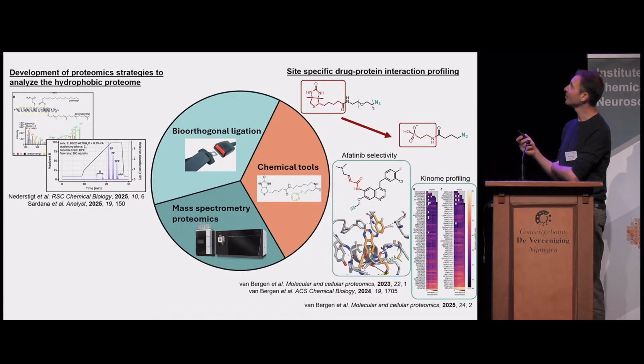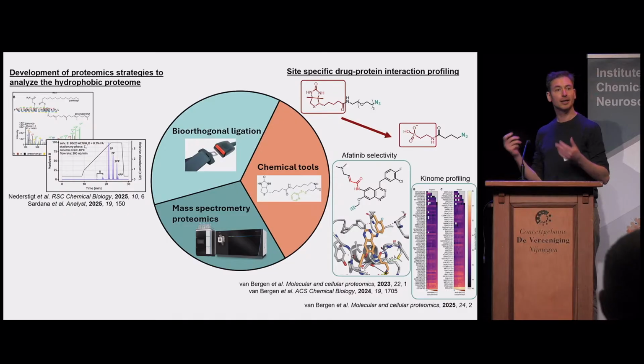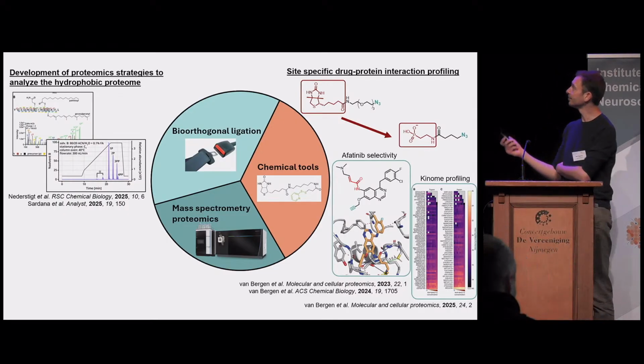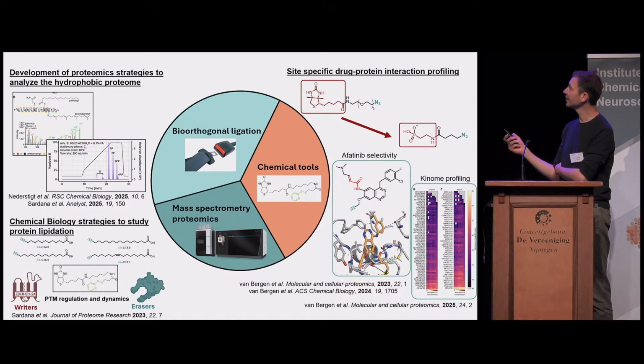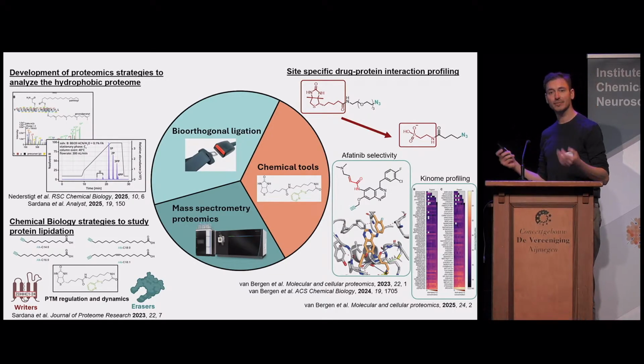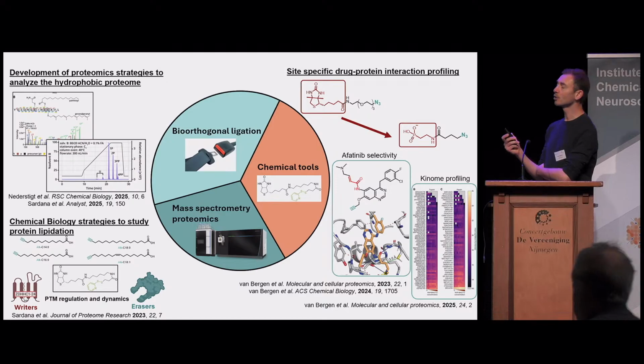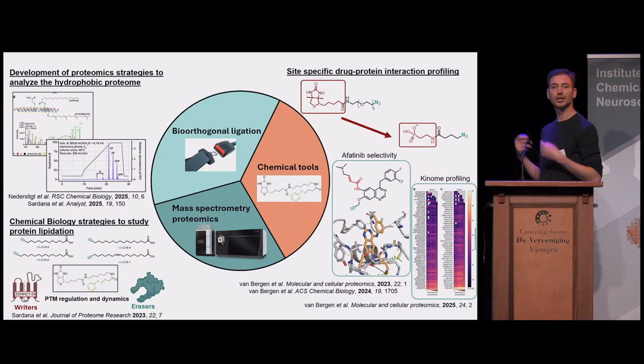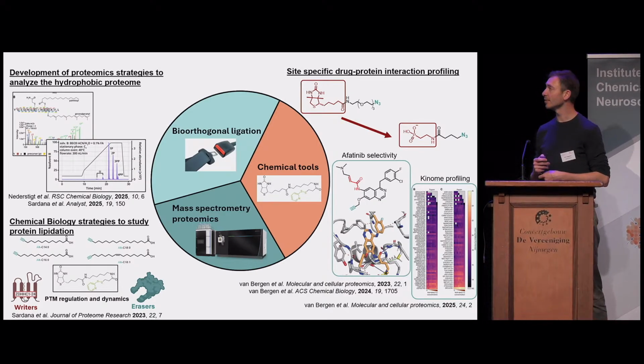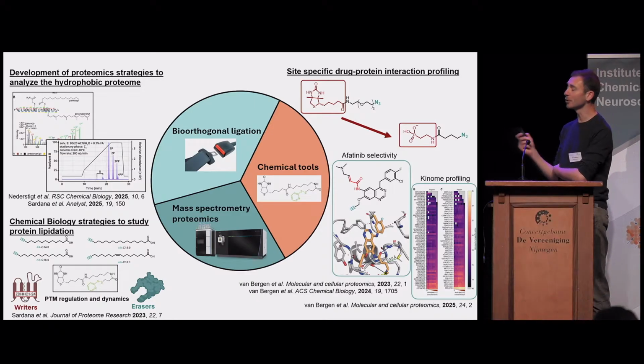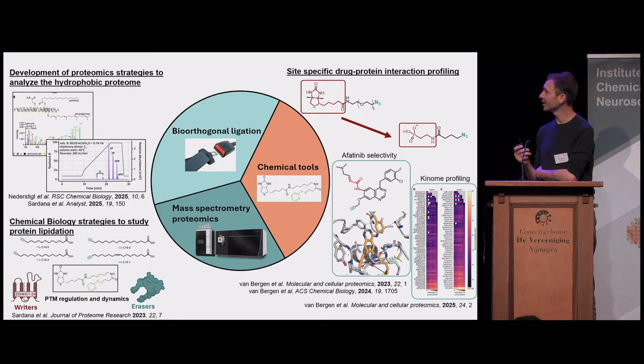We're developing methods to directly measure these lipids on proteins, which is quite challenging, and I will discuss that today. But at the same time, more established methods use chemical biology approaches with chemical tools to indirectly monitor protein lipidation, and we're working also on these strategies.